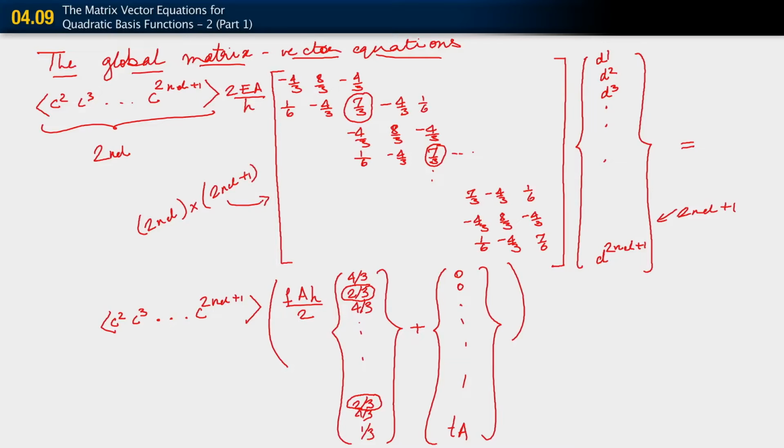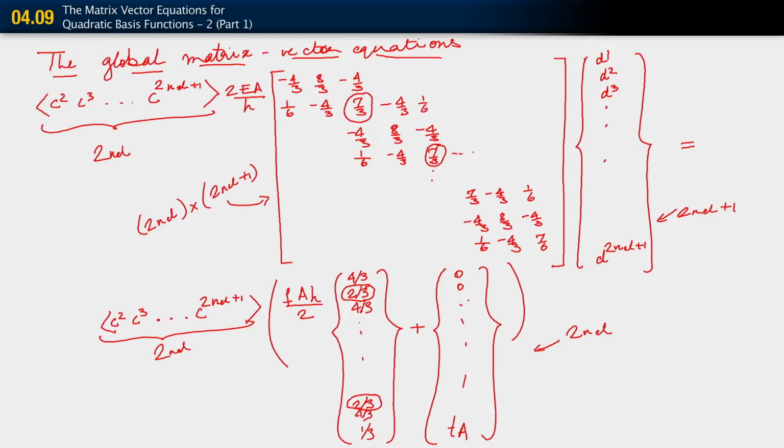It is not a square matrix. This thing being 2NEL, so are these vectors. The vectors that are involved here are also 2NEL. So at this point we have everything in place.